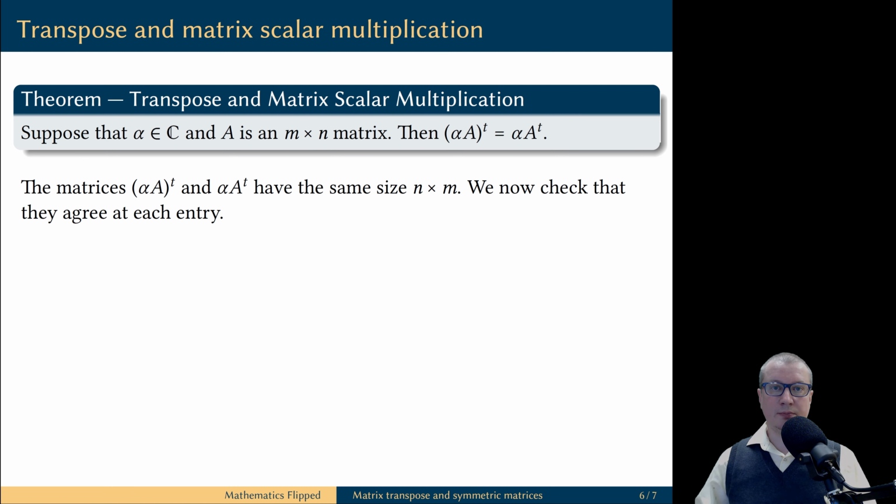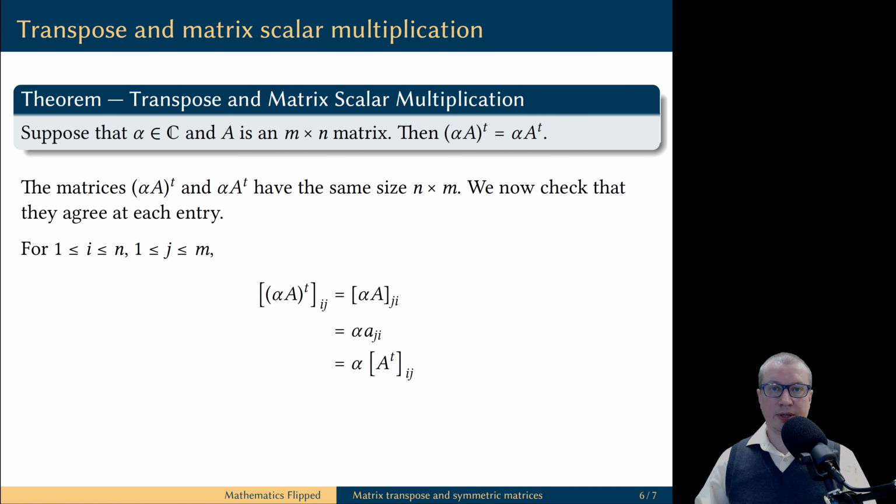Again, we start by checking that two matrices have the same size, and then we proceed to look at the entries. The entry in position ij of the transpose of the matrix alpha A is the entry in position ji of the matrix alpha A. But this entry is equal to the entry in position ji of the matrix A multiplied by the scalar alpha.